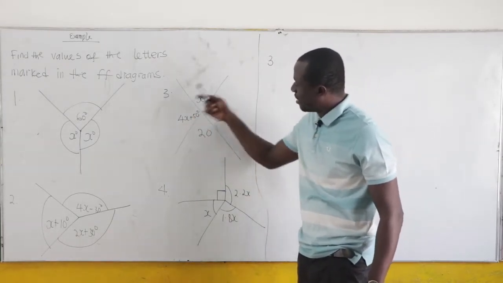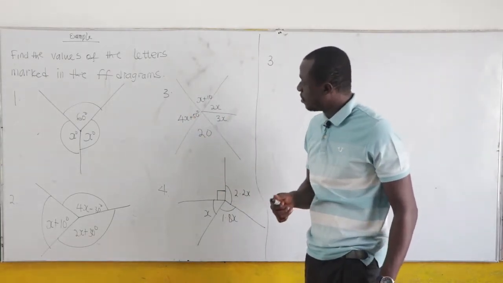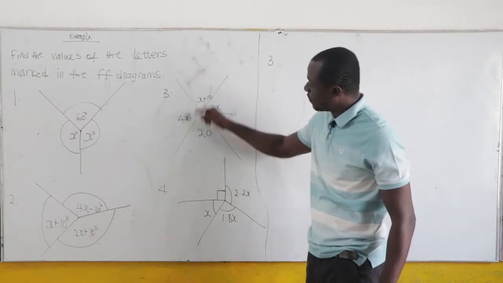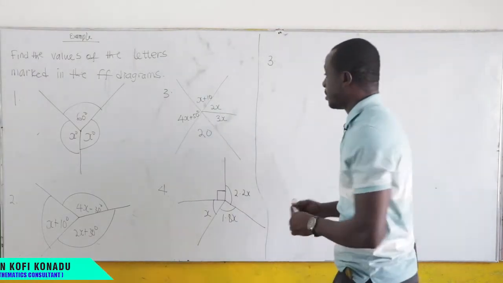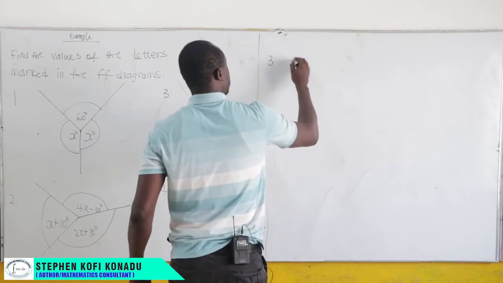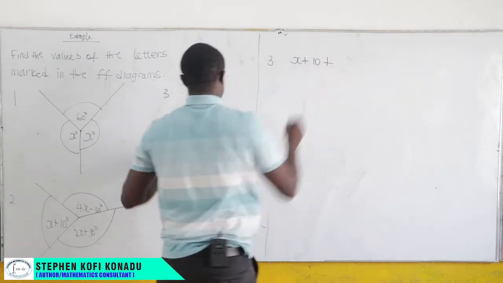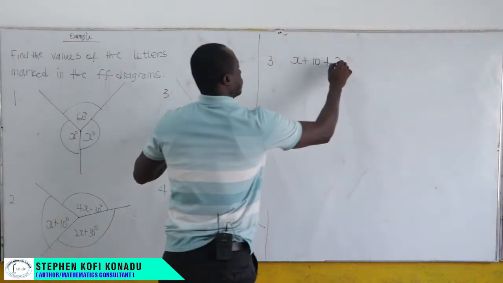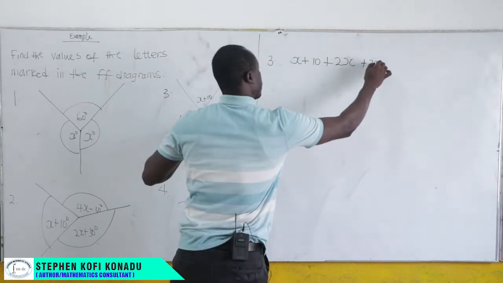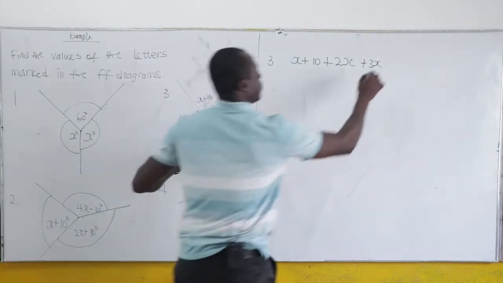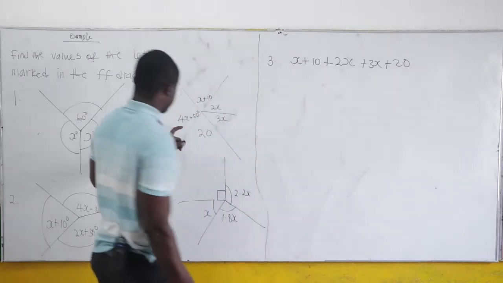So we know sum of angles at a point is equal to 360. So you have to add all, we equate to 360. So we have x plus 10, that's the first one. Second one, we have plus 2x. Third one, we have 3x. We have 20 here. Make sure that we add everything.